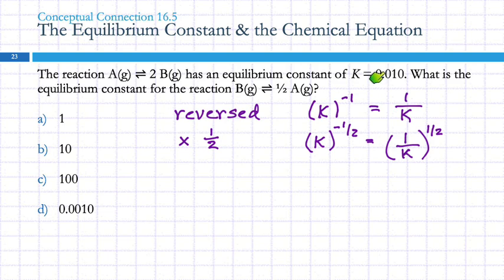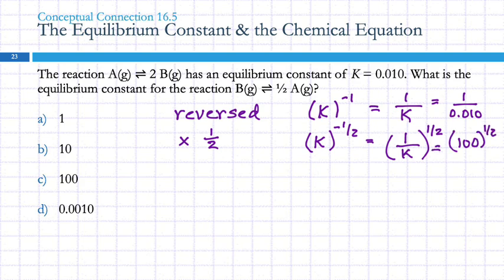So this is 1 over 0.01. Oops. What does that equal? 100. So that's 100, and to the half power.